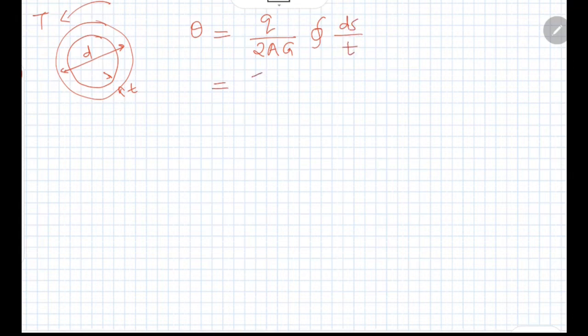Now Q is given as shear stress multiplied by thickness. A is given as pi by 4 d square.